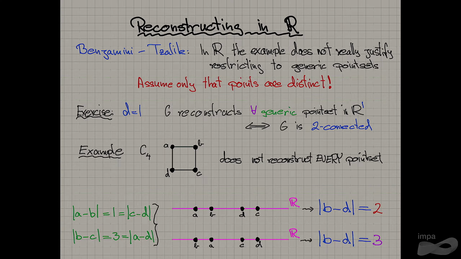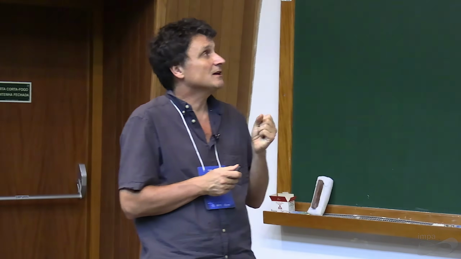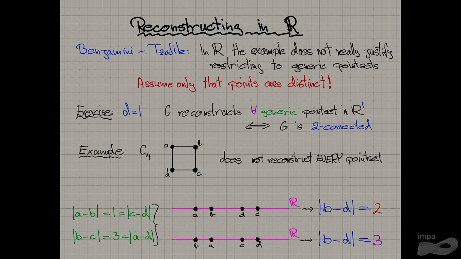And I put here an example of a graph, the C4, which is generically globally rigid, meaning if you assume generic coordinates, then it's uniquely reconstructible, but it does not reconstruct every point set.